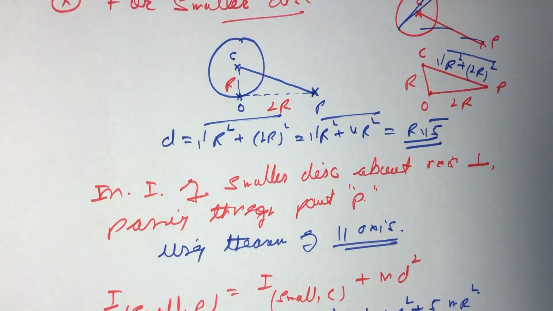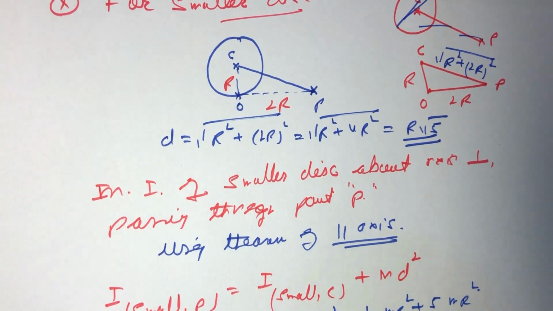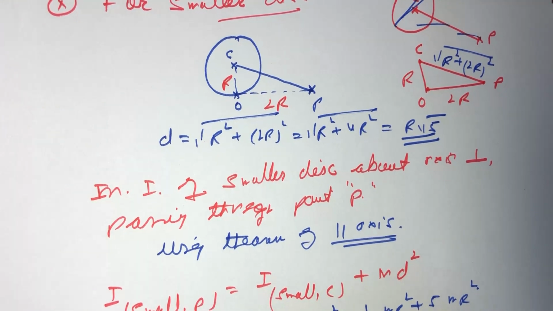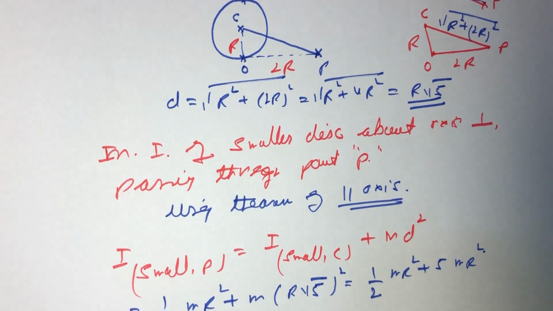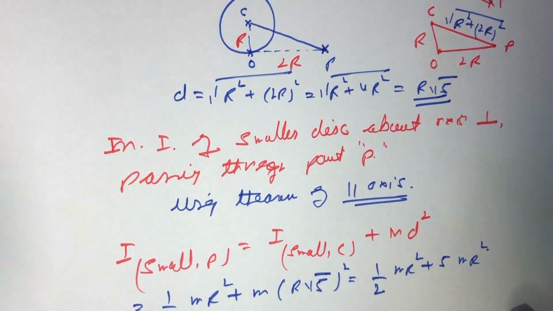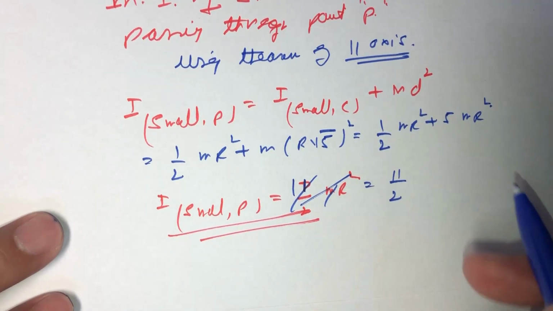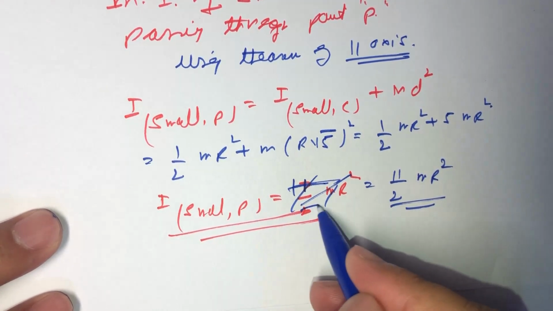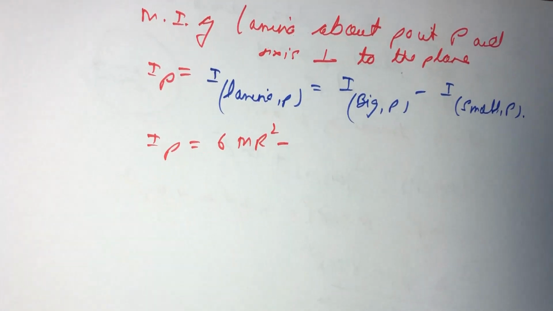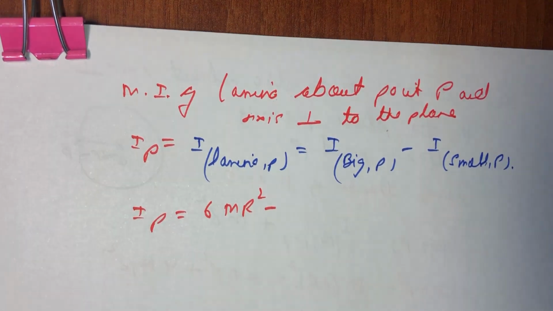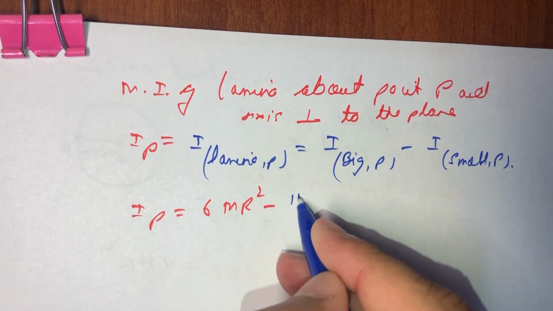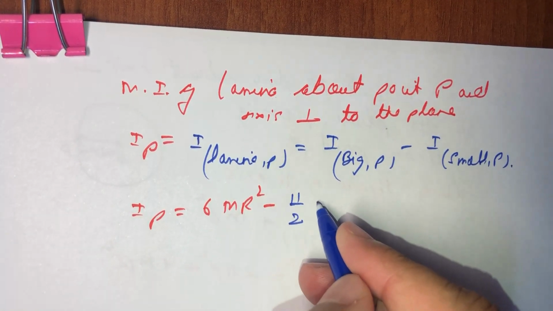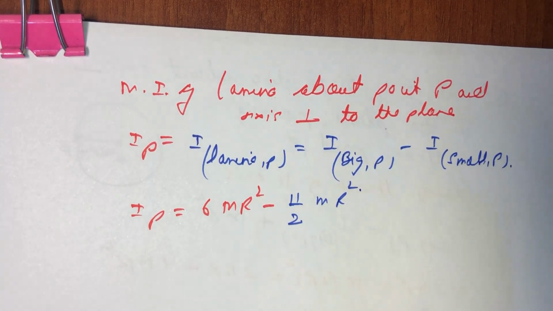Sorry, I made a mistake here. This will be coming as 11 by 2, not 7 by 2. This is equal to 11 by 2 mR square. I wrote 7 by 2. This will be equal to minus 11 by 2 mR square.